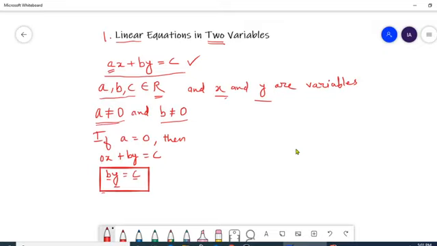In the same way, if your b is 0, the resulting equation becomes ax equals c, as by becomes 0. Even this equation will not remain an equation in two variables, because it has only one variable, that is x. So that is the reason the values of a and b should not be equal to 0.